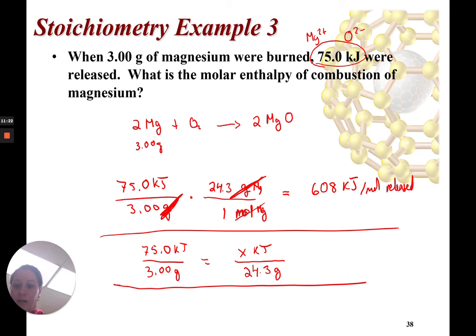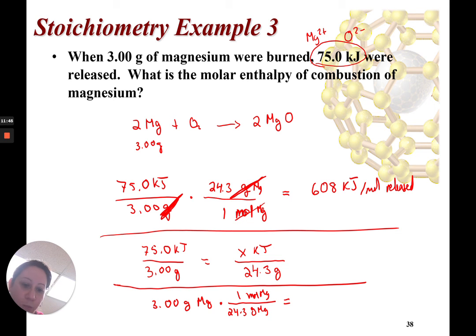A third way would be to say, well, if I'm looking for kilojoules per mole, I can take my kilojoules and divide it by how many moles I have. So I could start with my 3 grams of magnesium and change that to moles. So grams of Mg here, moles of Mg here. 1 mole is 24.3 grams.